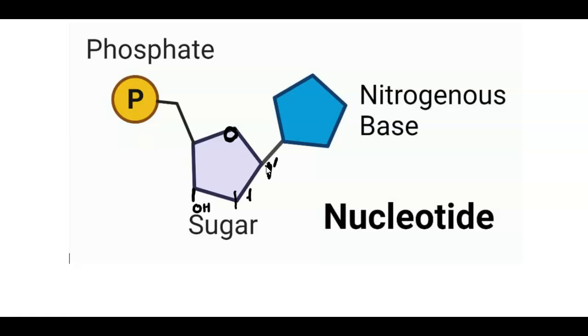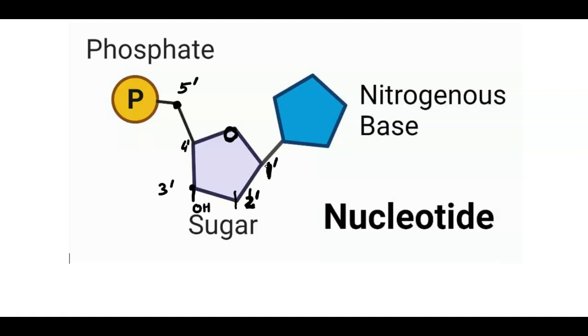Here we've got the 2' carbon, and it can be either a hydroxy group, then it would be RNA, or it could be a hydrogen, then it would be DNA. This carbon here is in the 3' position. Here we've got the 4' position, and this carbon here that actually carries the phosphate group is the 5' carbon.